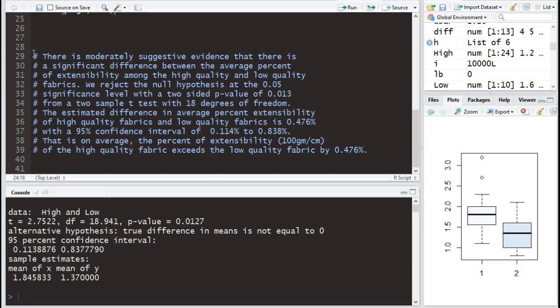And then if we keep looking at this, we see that we performed a 2-sample t-test with about 18 degrees of freedom, so the Satterthwaite degrees of freedom. This is the Welch's 2-sample t-test that does not assume equal variances.